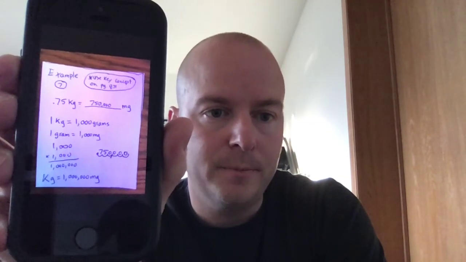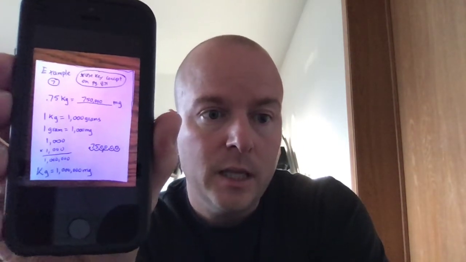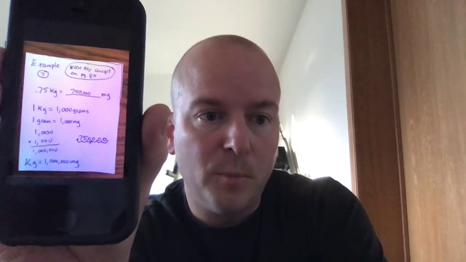What I try to show here is 1 kilogram equals 1,000 grams. It's a lot, especially since we have to go down to milligrams. 1 gram equals 1,000 milligrams. So we have to multiply those two numbers together, which gives us 1,000,000.